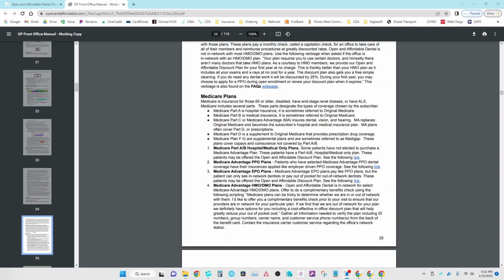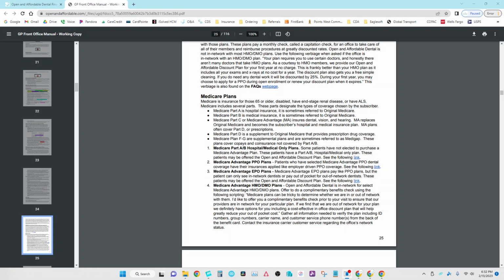So again, it's important to understand Medicare plans: Part A, Part B, Medicare Advantage Part C, Medicare Part D, plans F through G, and then the types of insurance offered under Medicare Advantage, which would be the PPO plans, which we're going to be in network with, the EPO plans that we're not going to be in network with, and then the Medicare Advantage HMO or DMO plans, which we're going to be in network with some of them and some of them we're not.